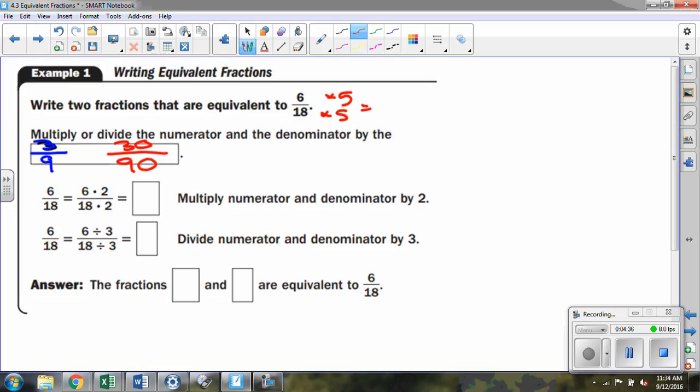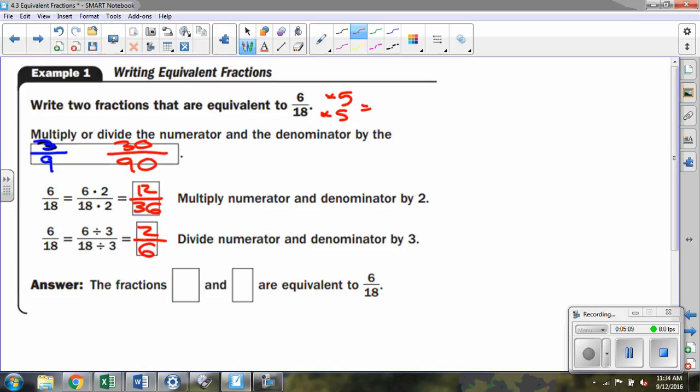Ultimately, as long as we multiply or divide both the numerator and denominator, the top and the bottom, by the same thing, we will create an equivalent fraction. And so some other ones that we could have recognized, if we had multiplied by 2, we would have had 12 over 36. If we had divided by 3 instead of dividing by 2, we could have had 2 over 6.